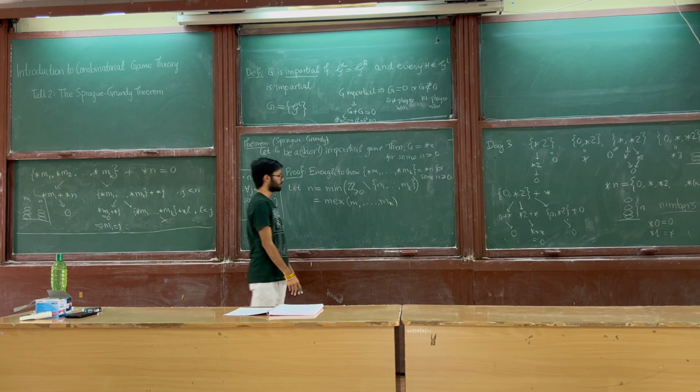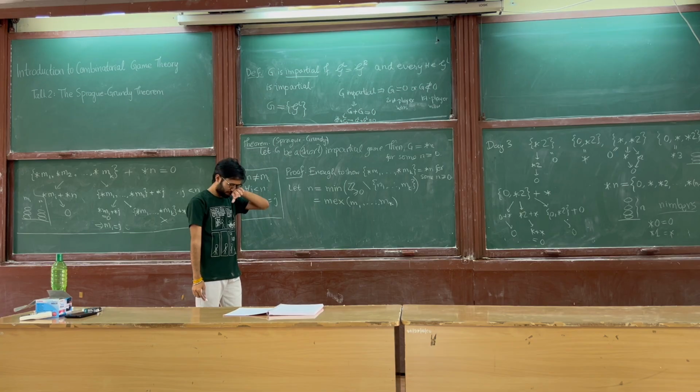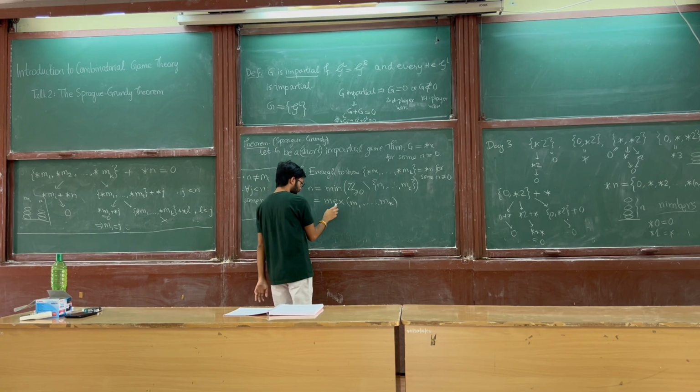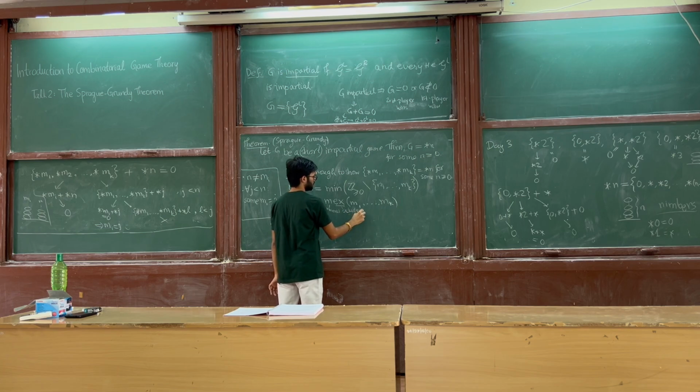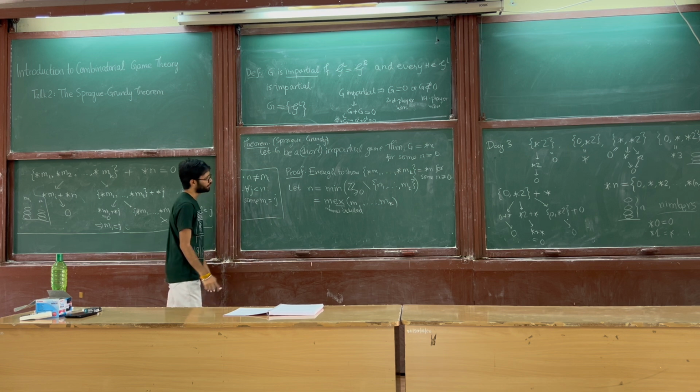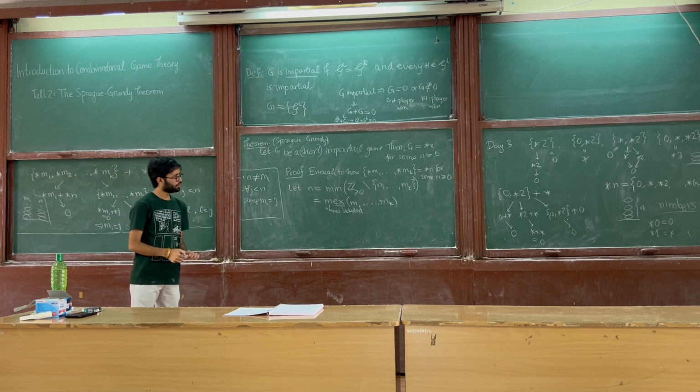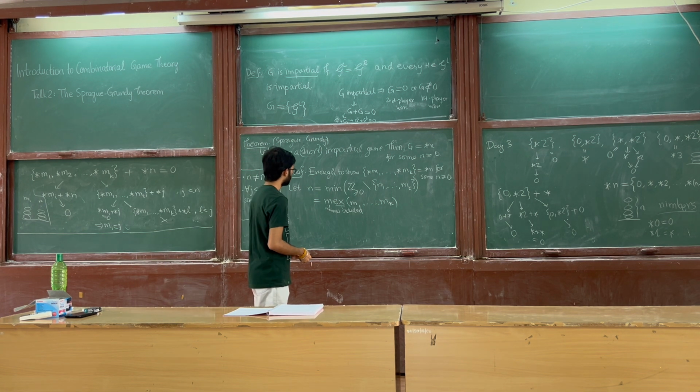It's called the mex of m1 to mk, and mex just means minimal excluded. So you pick the minimal excluded non-negative integer from the mi's, that is your n. That's right.